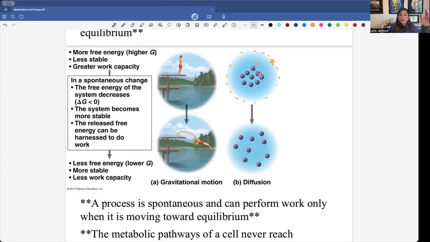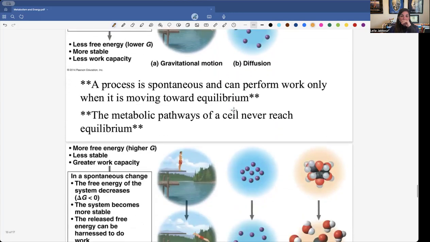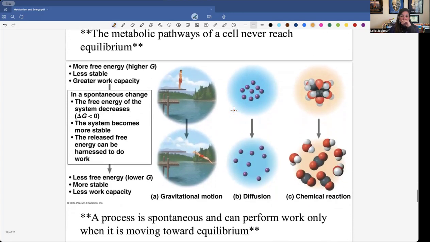These purple molecules will have a tendency to move to areas where they are less concentrated, because at equilibrium we need everywhere to be equal. So if it's very concentrated somewhere, we need to move some of those particles towards the area where it's less concentrated so we can have more evenness. All right. So gravitational motion is an example. Diffusion is another example.